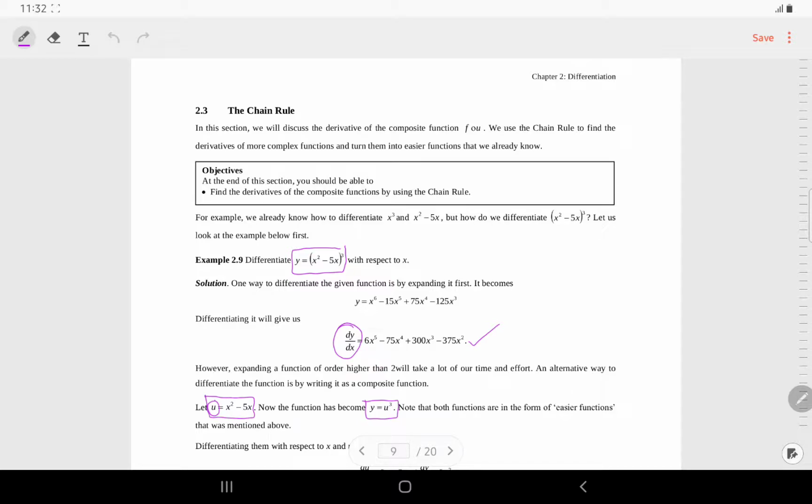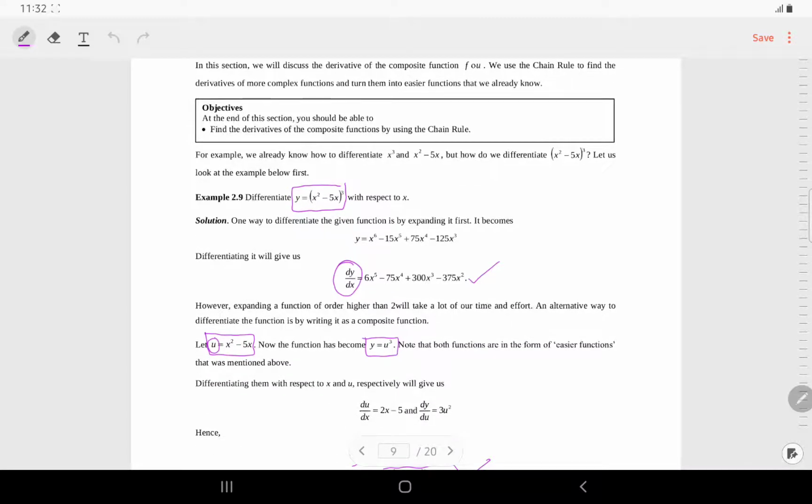What is our u? Then we multiply du over dx and dy over du. We have two derivatives, and we multiply those two derivatives. Then we substitute back u in terms of x.